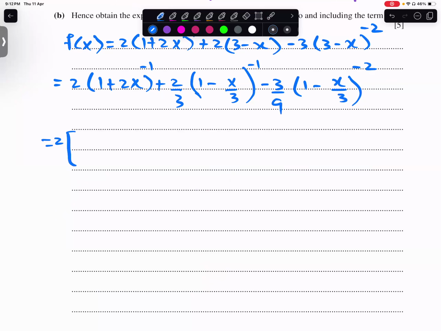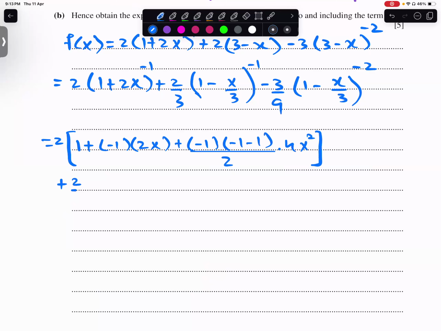2 times (1 plus n into x plus n into (n minus 1) divided by 2 factorial, which is 2, and 2x square will be 4x square). Bracket close.